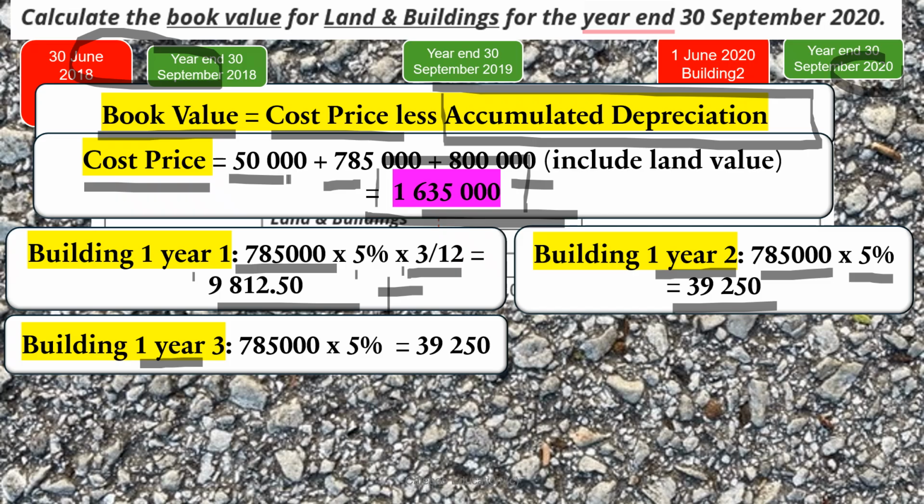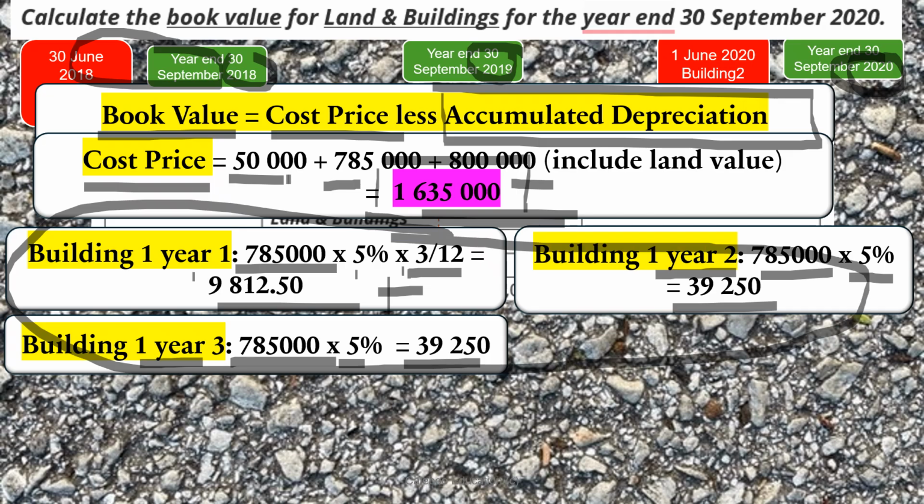There's year 1, year 2, year 3. So building 1, year 3 depreciation is 785,000 times 5%, which is 39,250. So that is the accumulated depreciation for building 1.